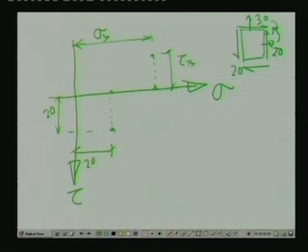Now, if we join these 2 points, this particular point is eventually the center of the Mohr circle, which is equals to sigma x plus sigma y by 2.